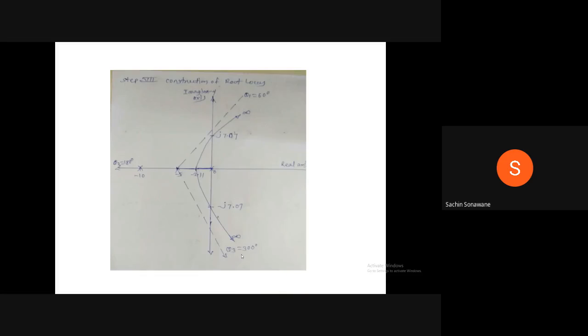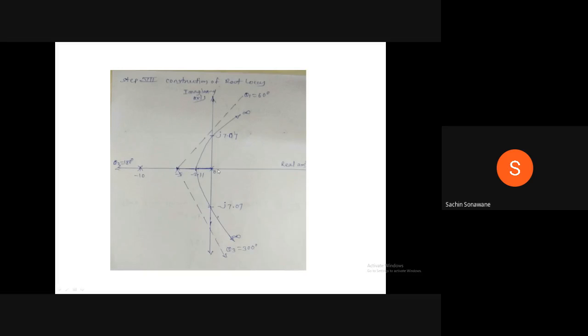How to draw? Just check. Always remember, root locus starts from open loop pole. Now why are these angles of asymptotes there? Because root locus is symmetric or parallel to the angle of asymptote. Therefore, root locus first of all will start from 0. It will go to -5.